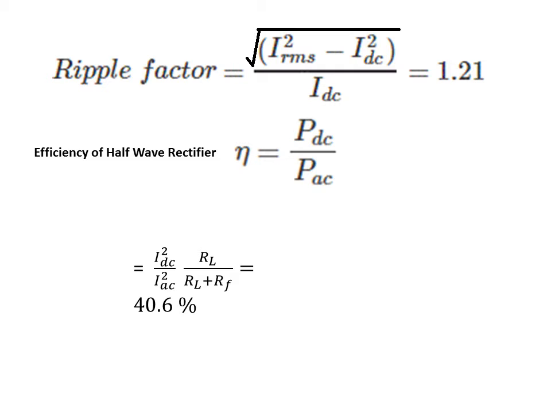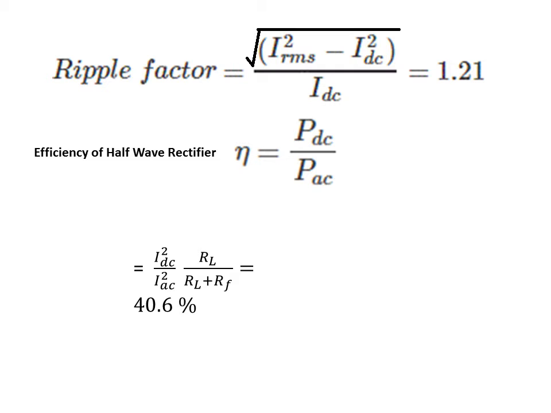That means how much AC component is present even after rectification, and that is given by this number. Interestingly, it is 1.21, which means the AC component dominates over the DC component in the case of half-wave rectifier, and that is a major drawback of half-wave rectifier.